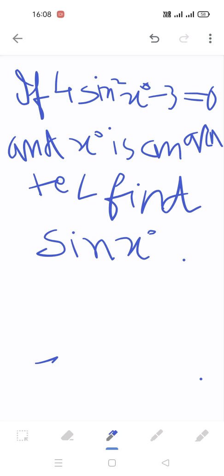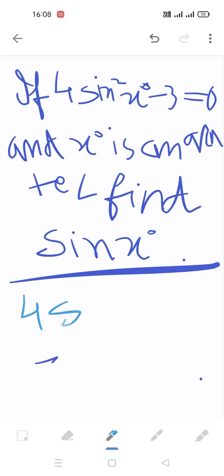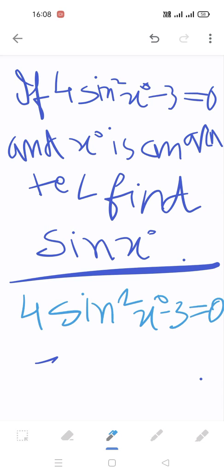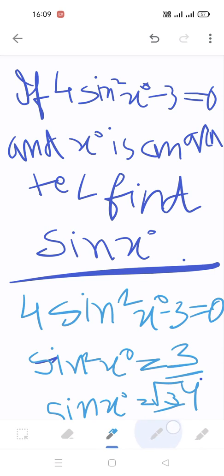Okay, so 4 sine square x minus 3 कितना होगा हमारा 0. ओके, सो साइन स्क्वायर एक्स डिग्री इक्वल टू 3/4. ओके, सो साइन एक्स हमारे कितना हो जाएगा, अंडर रूट 3/2. ओके, दिस इज द solution for it.